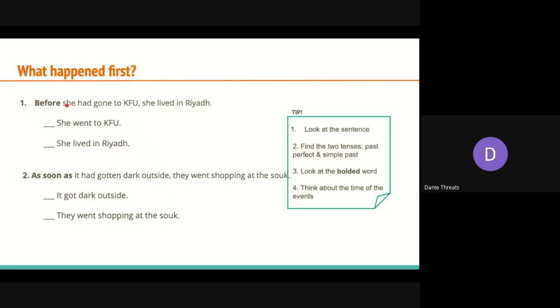And then next, think about the time of the events. Before she had gone to KFU, she lived in Riyadh. Okay? So, which event comes first? Exactly. Okay.